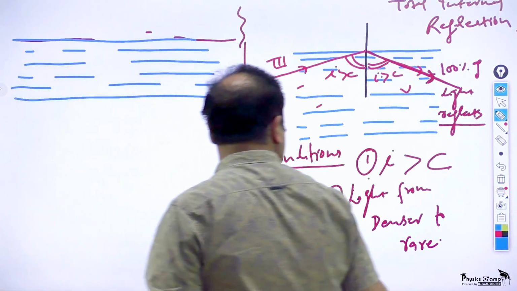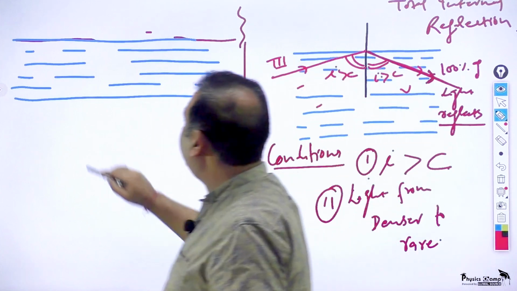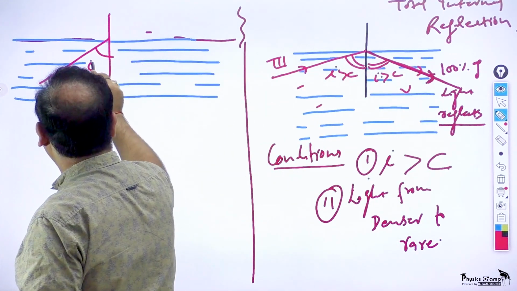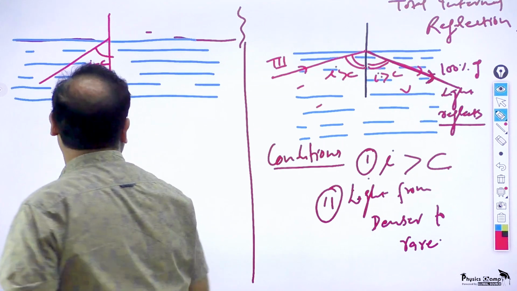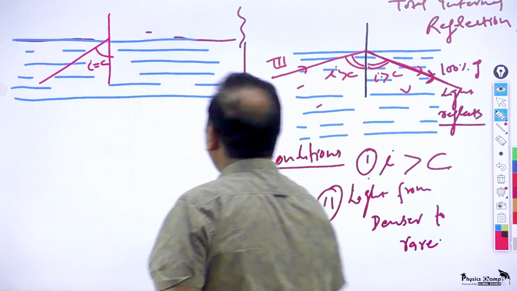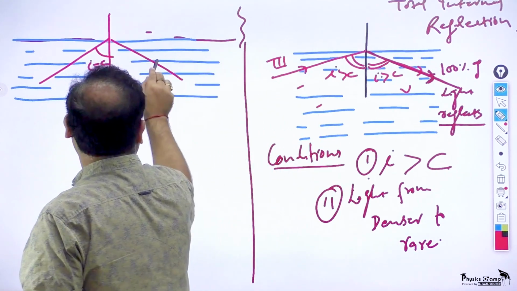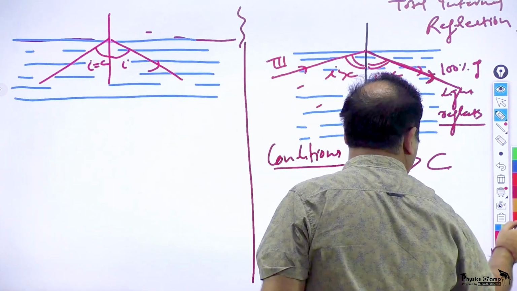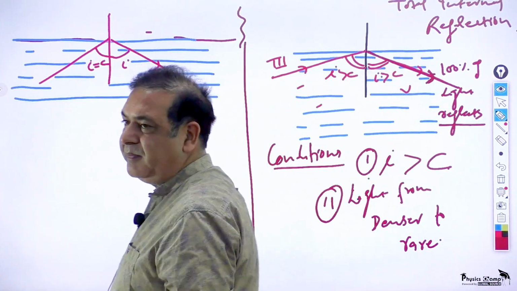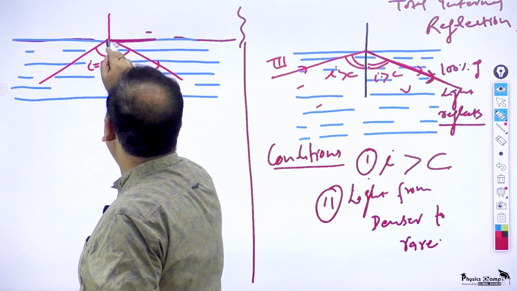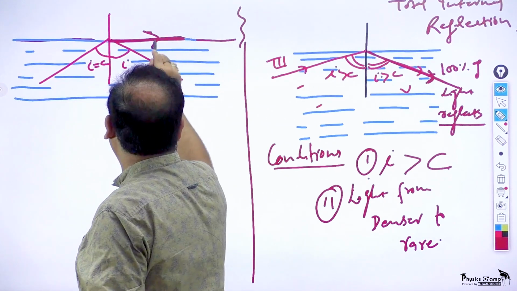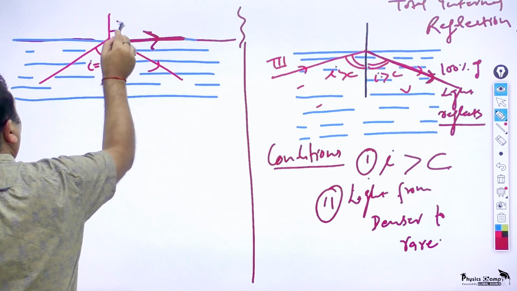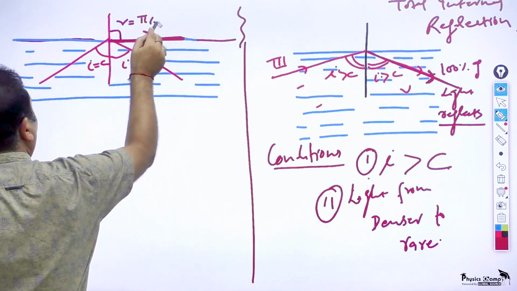This light beam that was moving from a denser medium to a rarer medium at angle of incidence equal to the critical angle, you should never forget, will partly reflect, and the other part of the light beam at the critical angle would go along the surface. And this angle of refraction is this time 90 degrees.